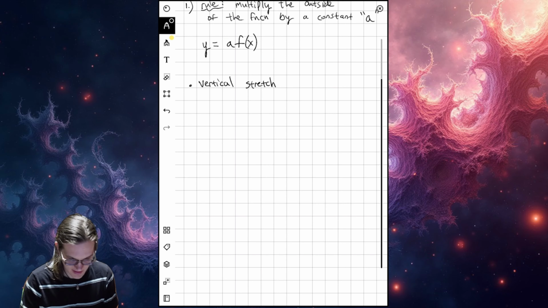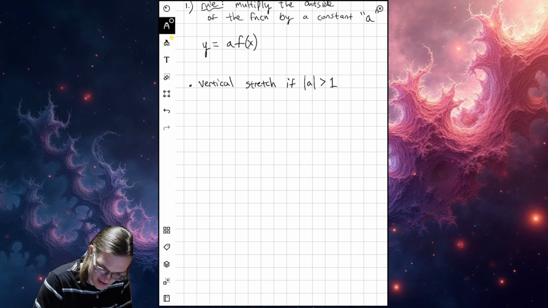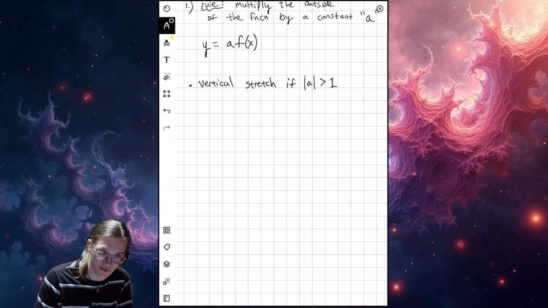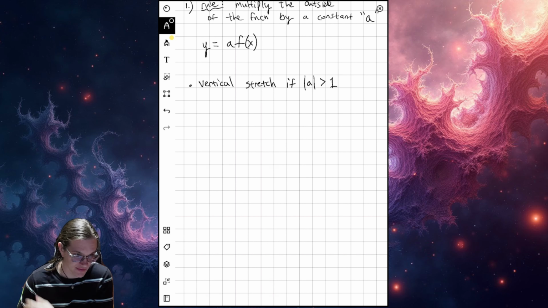can do it, right? For a vertical stretch, and that's when I'm putting absolute value of a to be technically correct, if the constant, its magnitude, is greater than 1, so if it's some stretching factor, right, 1 times f of x, we'll just leave it f of x. 1.5 f of x will stretch it to be 1.5 times the f of x.